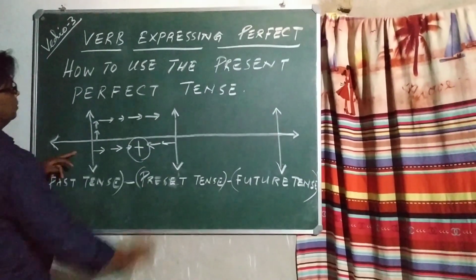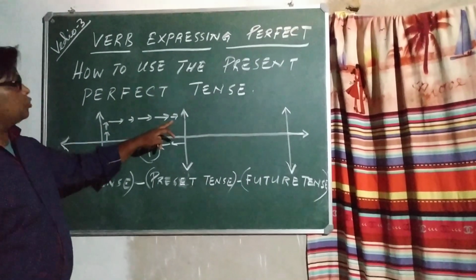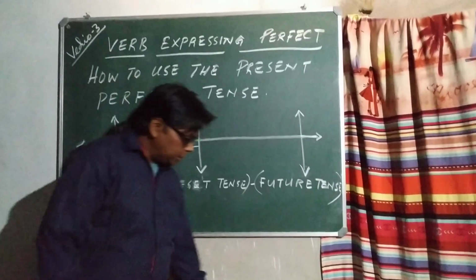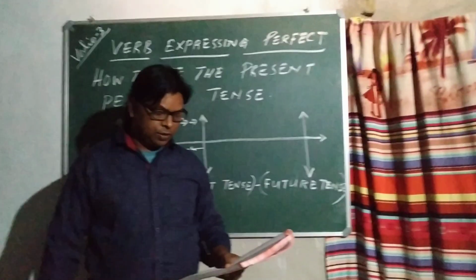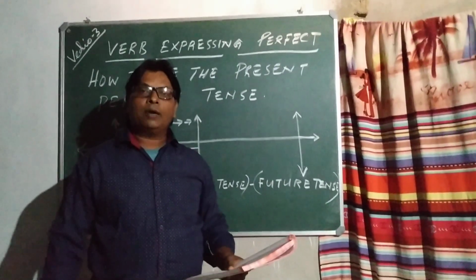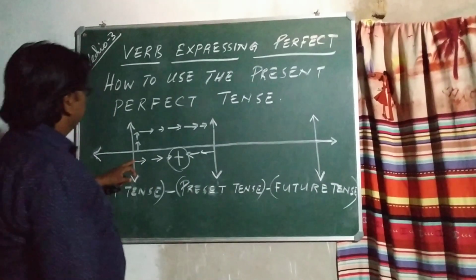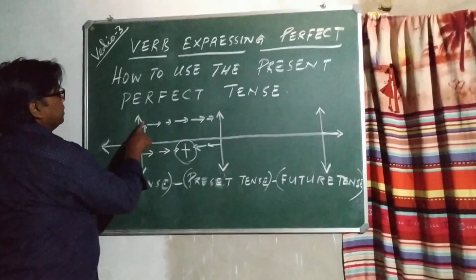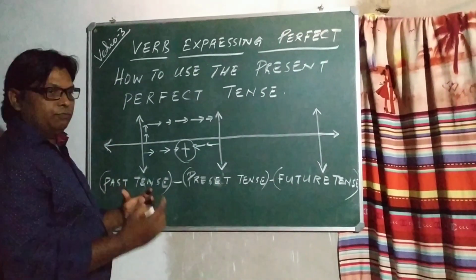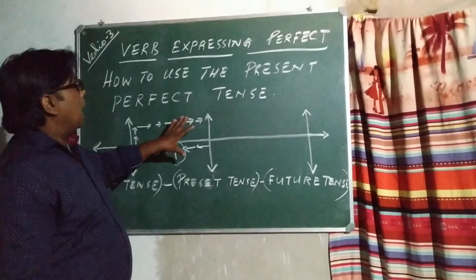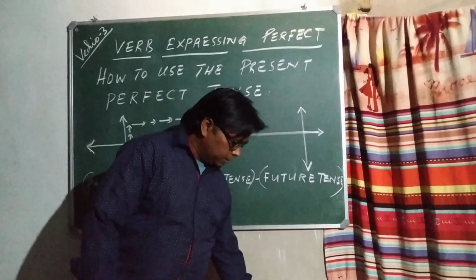For example, it is given, they have watched 3 films this month. That means the action already began and it leads to the present. They have already watched 3 films and it is leading to the present.